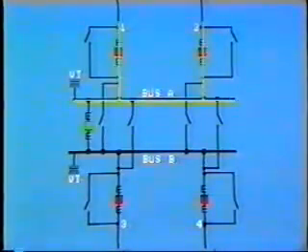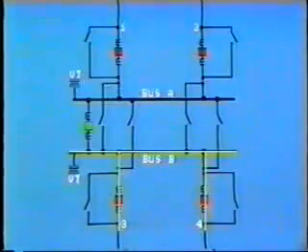For example, here we show lines 1 and 2 connected to bus A, while the other two lines, 3 and 4, are connected to bus B through appropriate disconnects. For simplicity, we are showing only 2 lines connected to each bus. In practice, there would probably be many more.